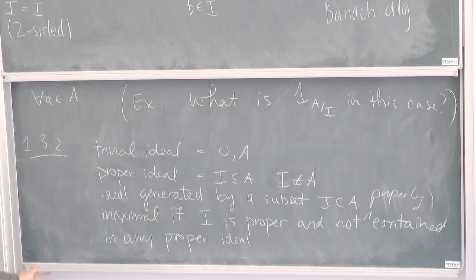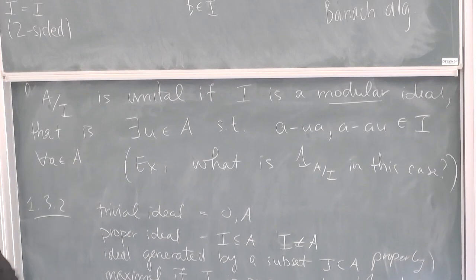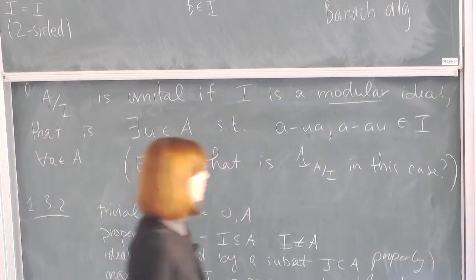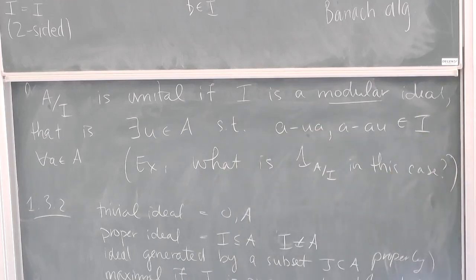Now, the nice thing about modular ideals is that you can make sense of maximal modular ideal, which is defined in the obvious way. And by Zorn's lemma, every modular ideal is contained in a maximal modular ideal. And hence, in a unital Banach algebra, every ideal is contained in a maximal ideal.